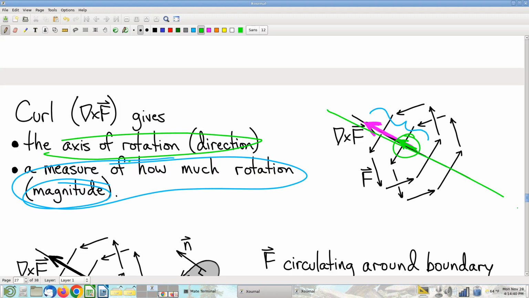Yes? I'm just wondering what you mean by gentle rotation versus massive rotation, kind of what that would look like. Yeah. So I mean, in terms of what it looks like on the picture, in this particular picture, it might manifest, for example, with kind of shorter arrows, right?